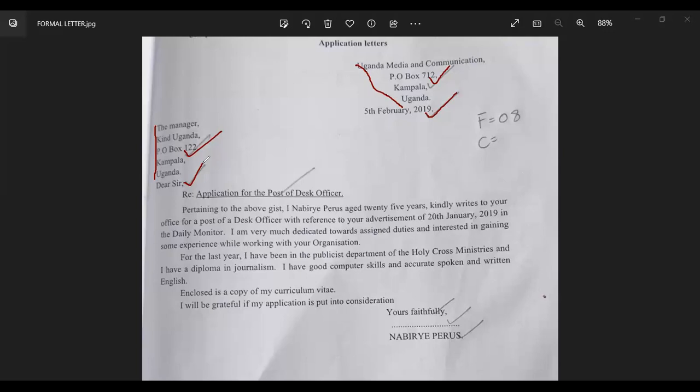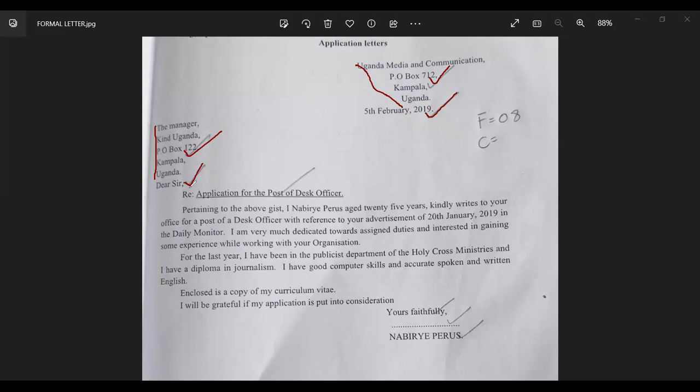It is considered that offices are masculine. So we say dear sir, except if you have been told that the person you're writing to is feminine, then you can say dear madam. Do not use dear sir or madam. Choose one. Just use dear sir or just say dear madam, not dear sir or madam.